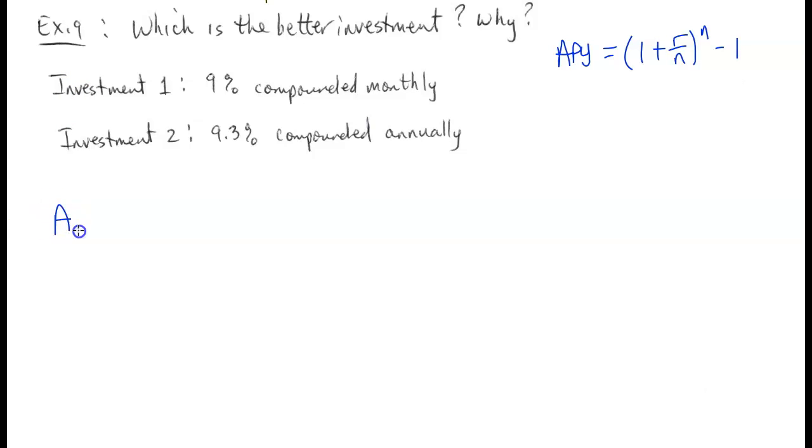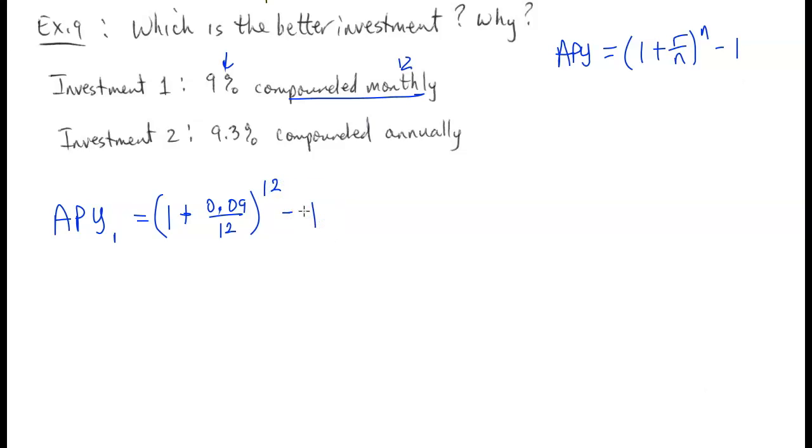So let's look at the APY for investment 1. And we have 1 plus, and for R, of course, that's going to be the 9%, so we're just going to say 0.09. N, since we're compounding monthly, that means N is 12. And we're going to raise that to the 12 and then minus 1.